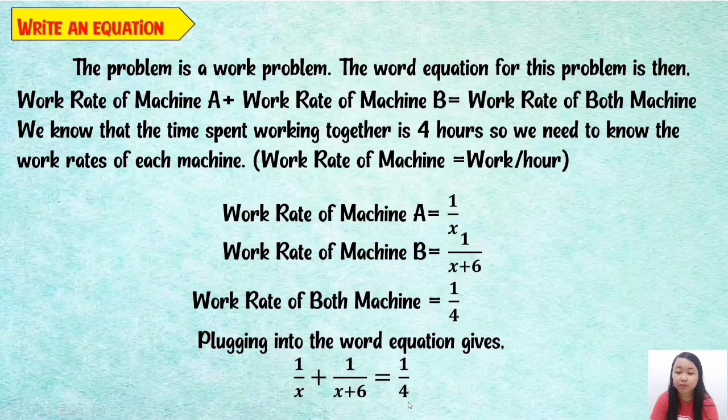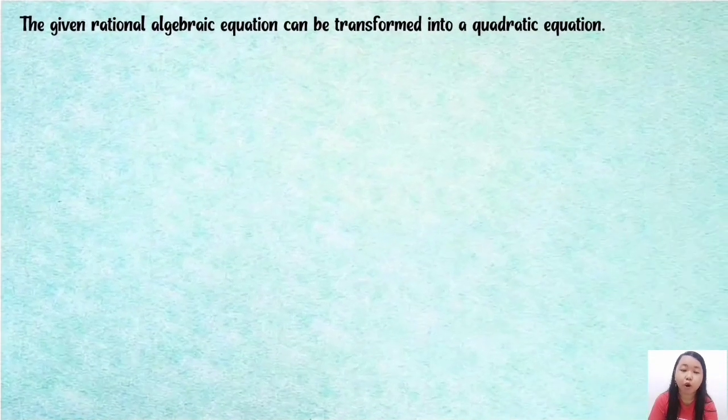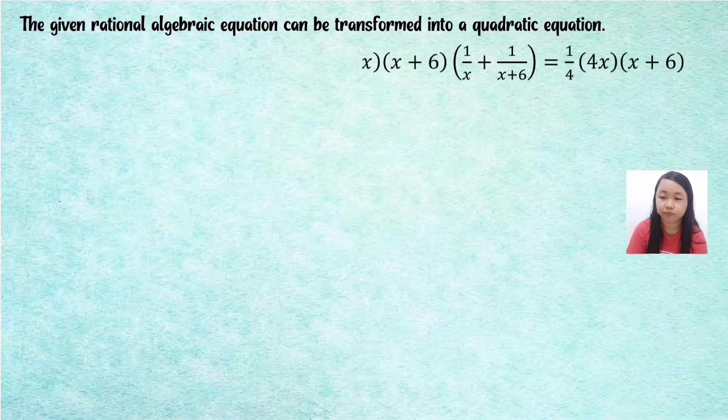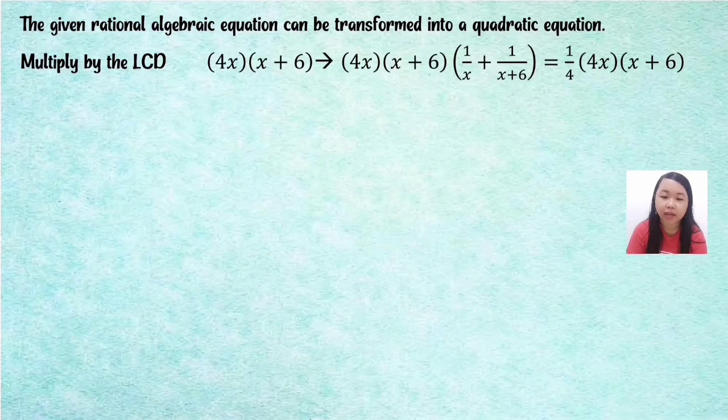As you can see, it is a rational algebraic equation that is transformable into a quadratic equation. So we have to multiply both sides by the LCD. The LCD is 4x multiplied by the quantity x plus 6.